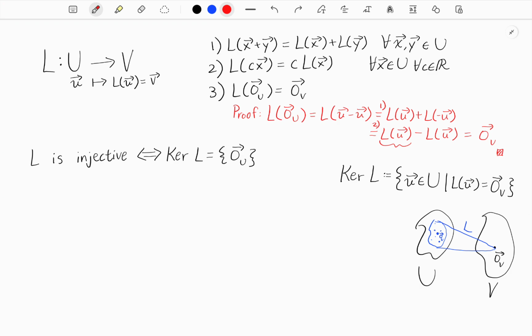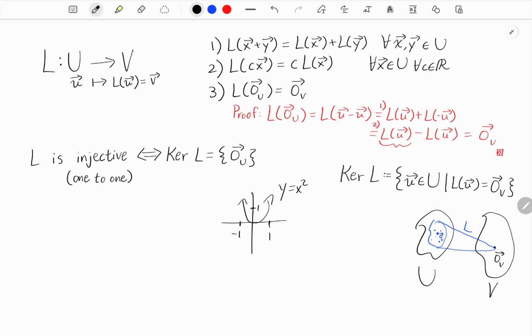And another way to say injective is 1 to 1. It just means that no two inputs can give you the same output. So y is equal to x squared is not injective because you have two different inputs, let's say -1 and 1, but they both give you an output of 1.